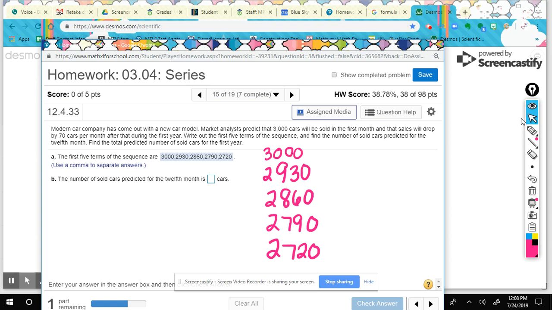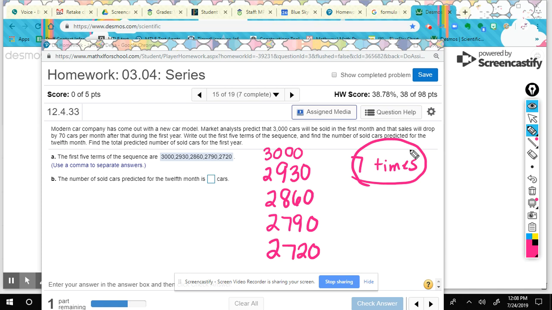So here's what you could do here. Honestly, I think it's easier just to keep subtracting 70, right? So this is 5 months. 6, 7, 8, 9, 10, 11, 12. So we're going to have to subtract 70 7 times. You could come up with this crazy sequence, but I don't know. I think this is easier. I really do. 2,720 minus 70.